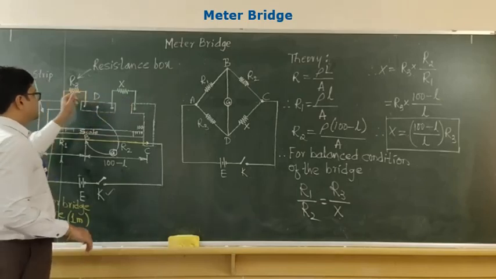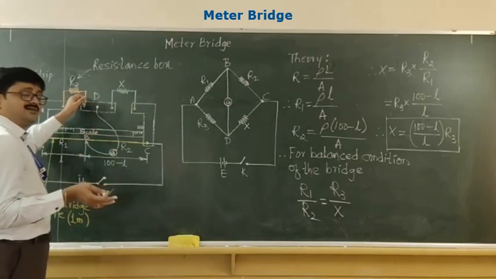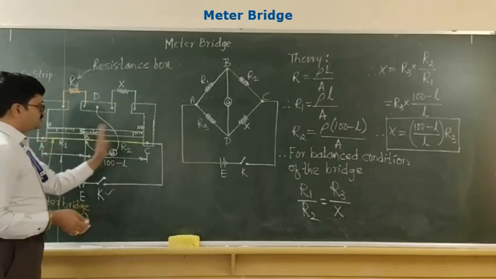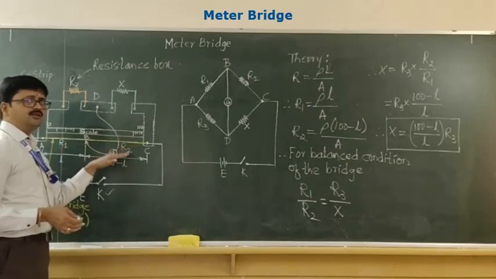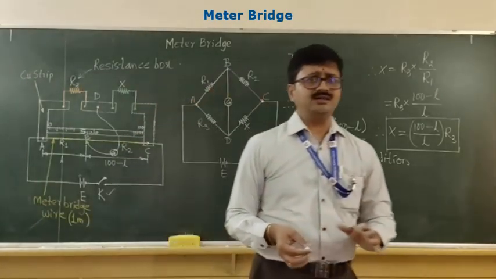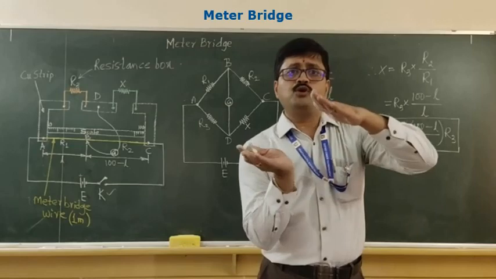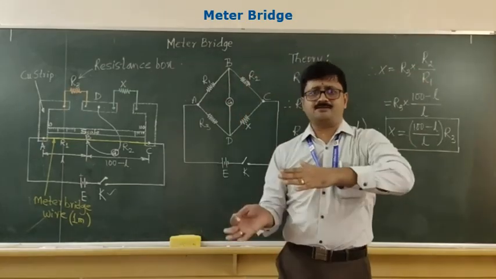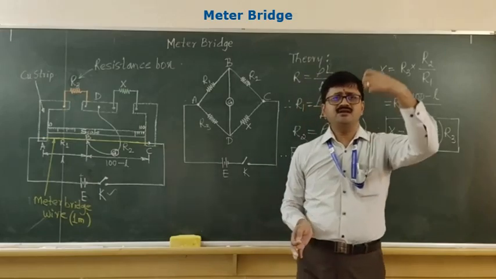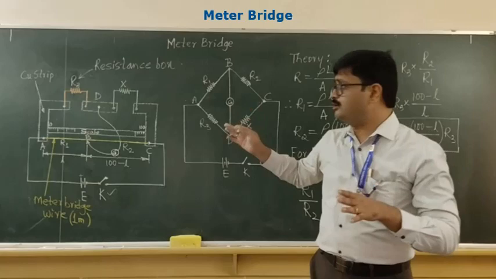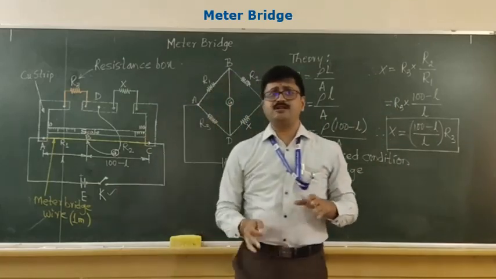Now the unknown resistance is on the left hand side and the known resistance on the right hand side. So the geometry of this measurement of length will also vary. Again we take the readings, and finally we take the average of both the values from the first setup and the second setup. Then that will give us the accurate value of the unknown resistance X by using the meter bridge.